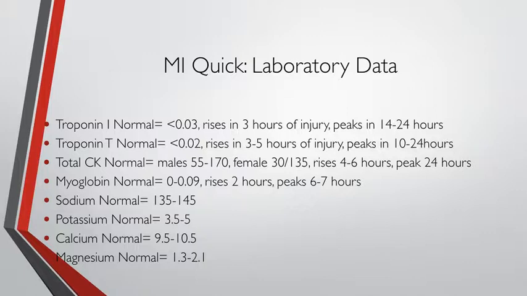So keep in mind that it's important to know what the normals are, and then just have a general idea of what you can see when they go outside of the normal ranges. And the reason why we want to look at them is because electrolytes like this are critically important to electrical conduction of the heart. So when we see them outside of the normal range, we can see that reflected in the EKG in different ways.